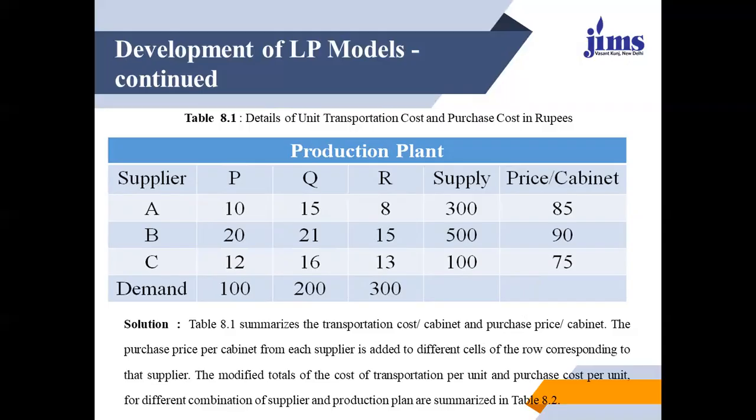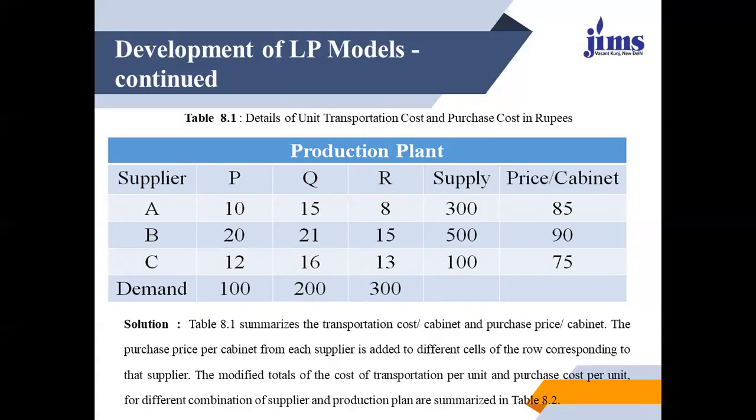Similarly, supplier B can supply at the most 500 units at a cost of rupees 90 per unit, and the cost of shipment or the cost of transportation from supplier B to destination P is rupees 20, that from B to Q is rupees 21, and that from B to destination R is 15.